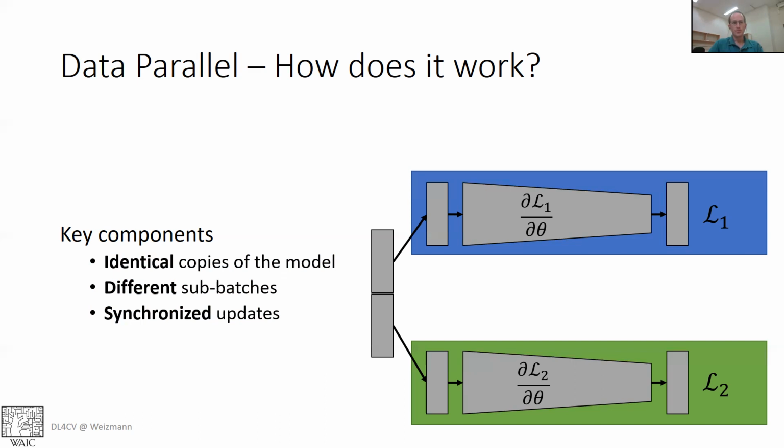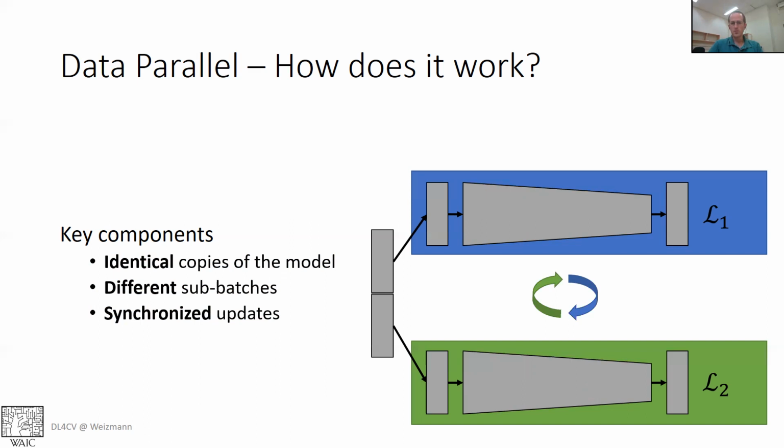We'll have different copies of the model on two GPUs. Exactly, the two copies will diverge. They won't be identical. So we need to synchronize the updates. And this entails some communication between the two GPUs, between the devices, to make sure that they are identical.